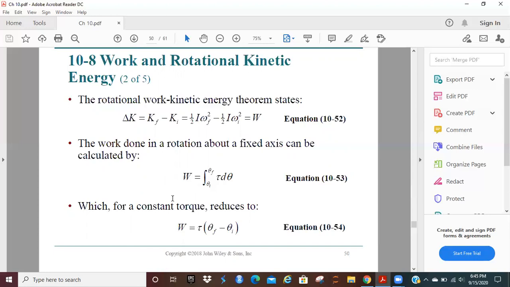And that's going to be defined as work. So the work done in rotation about a fixed axis is going to be basically taking the torque multiplied by d theta, integrating it from the initial to the final positions. If you have a constant torque, then that integral reduces down obviously to just this.